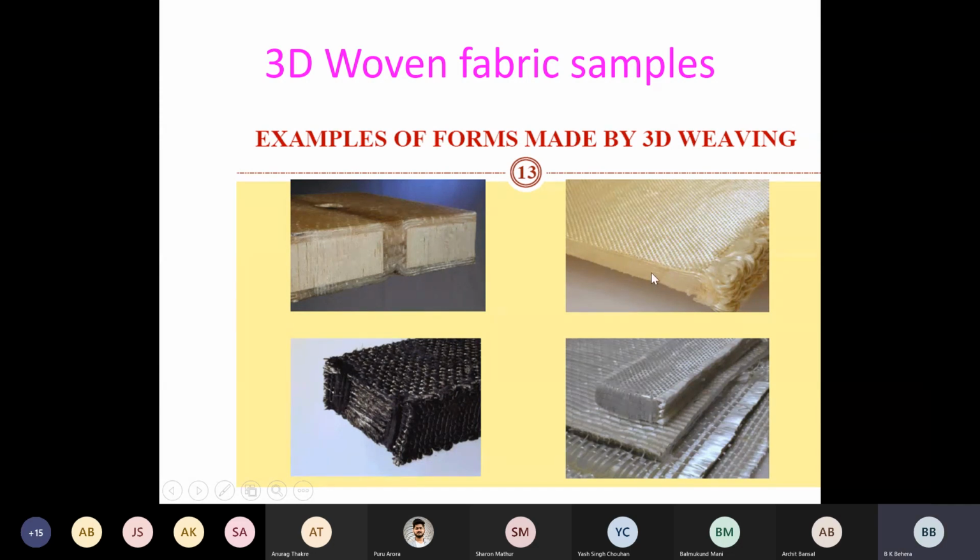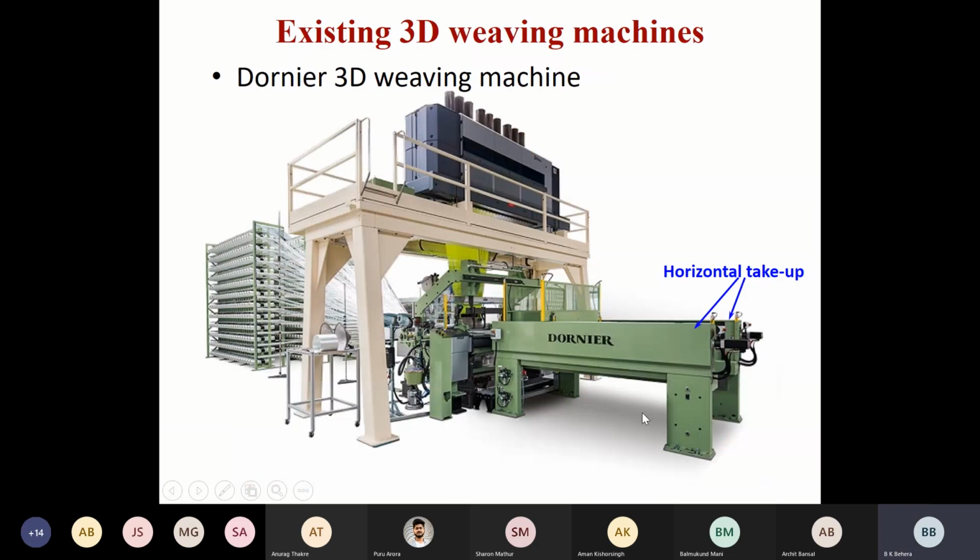They will be used for composite material, which is used to make railway bodies or aircraft bodies. Very, very strong composite material will be made from these fabrics. So these fabrics cannot be wound over a cloth roller, so we cannot have a rotary take-up mechanism. We have to have a horizontal take-up mechanism or linear take-up mechanism.